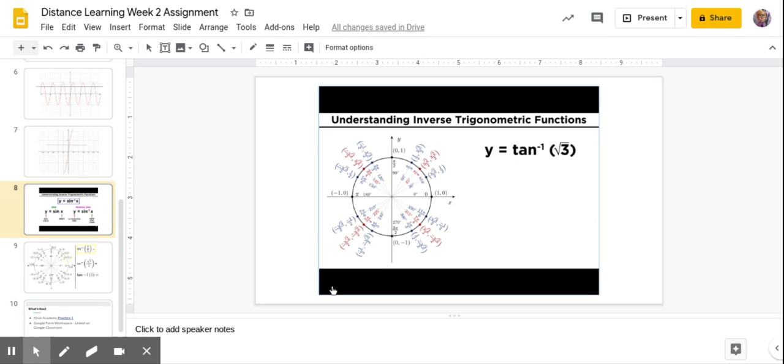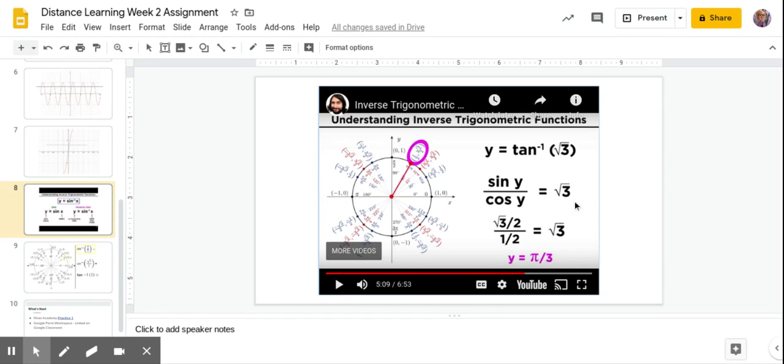These are trickier to evaluate in your head, but sometimes we can do it, like the inverse tangent of √3. We might realize that the angle that produces a tangent of √3 must have a sine value over a cosine value that equals √3. For tangent, it's a little bit tricky because we're not given the tangent, but if you remember, they also follow a pattern.